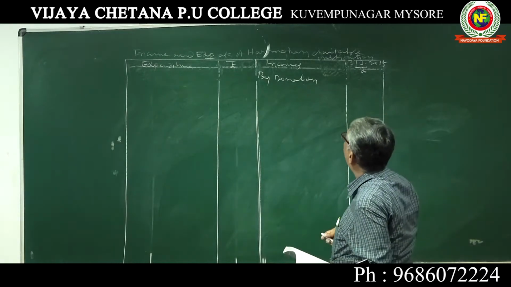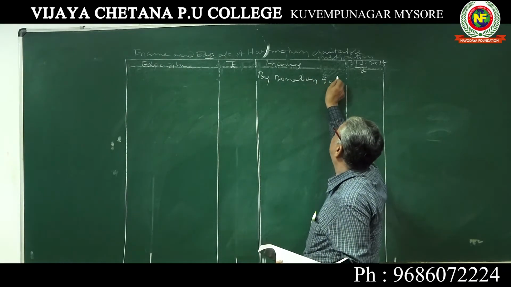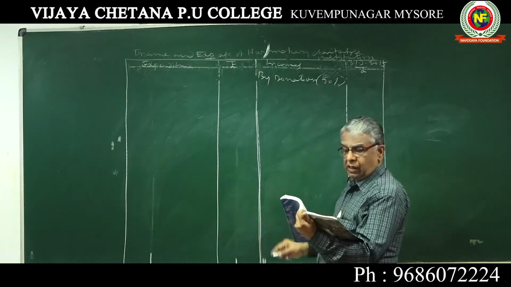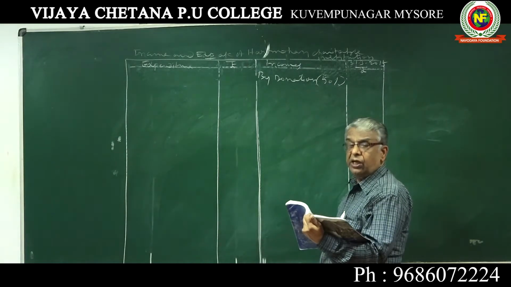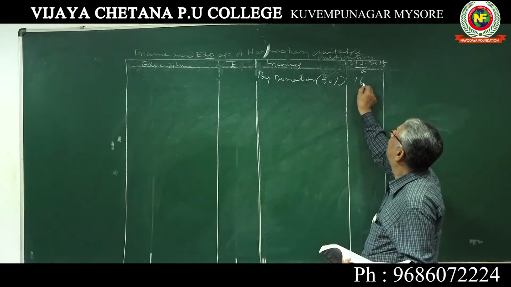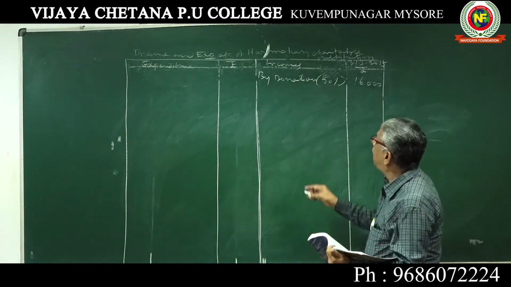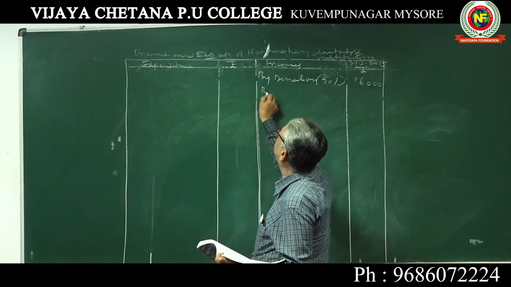So 50% of donations. Here the donation given is 32,000. 50% of that comes to 16,000. And then, by subscriptions.